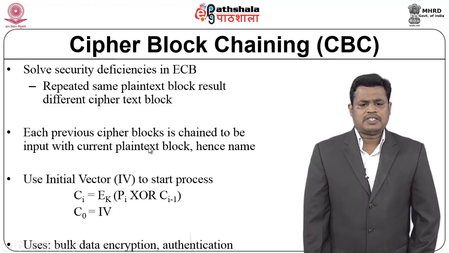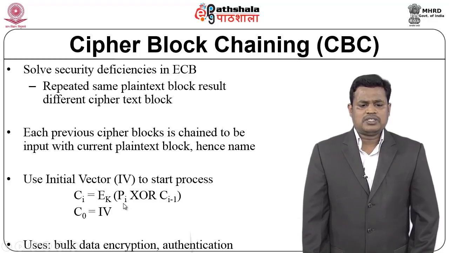Each previous cipher block is chained into the input of the current plaintext block, hence the name. Each time I take the first block, the second block depends on the output of the first block. In addition to that we have the initial vector.